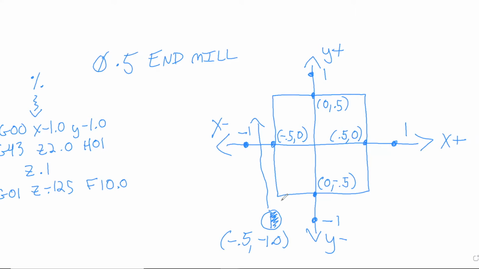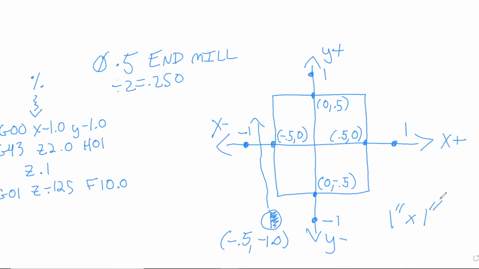We're going to have 1/4 of an inch, this 1/2 inch divided by 2, cutting into the workpiece. So in order to make this a 1 by 1 square, we have to factor in the radius.